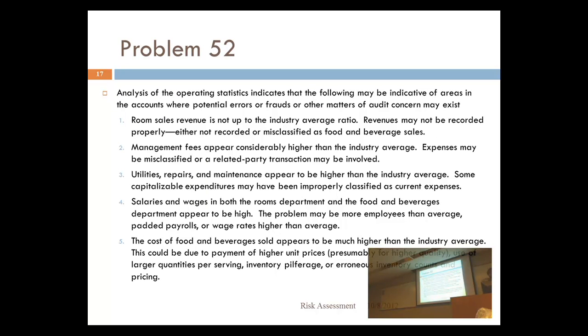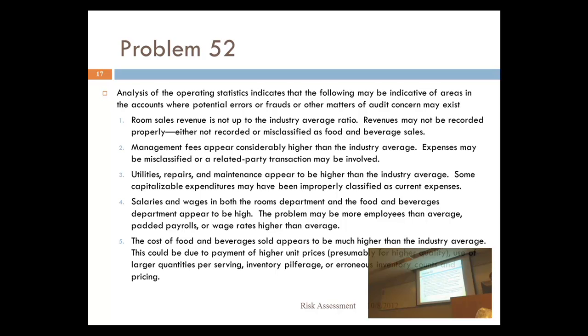So given the differences between Majestic and the industry, some of the things that we would look at to determine whether or not there are some audit issues or potential errors. Since room sales revenue is not up to the industry average ratio, revenues may not be recorded properly. Right?